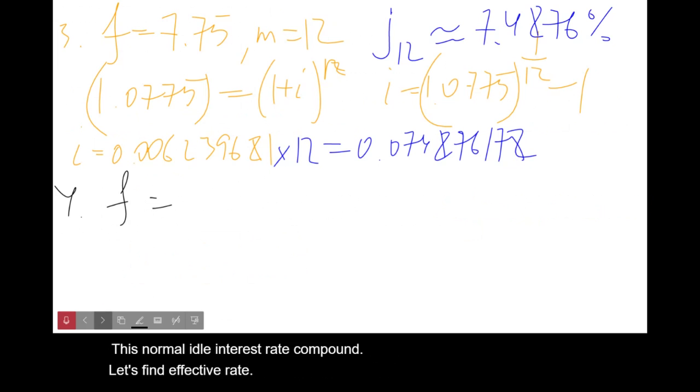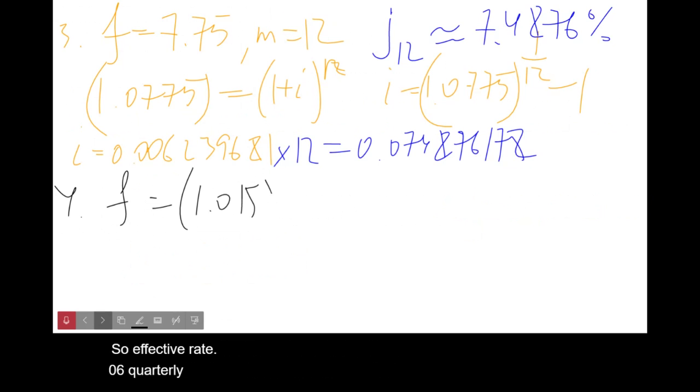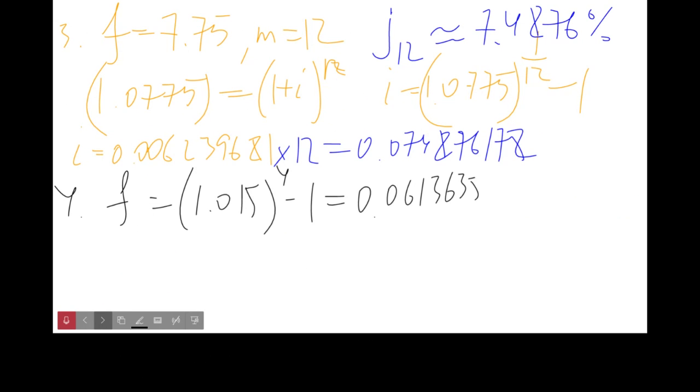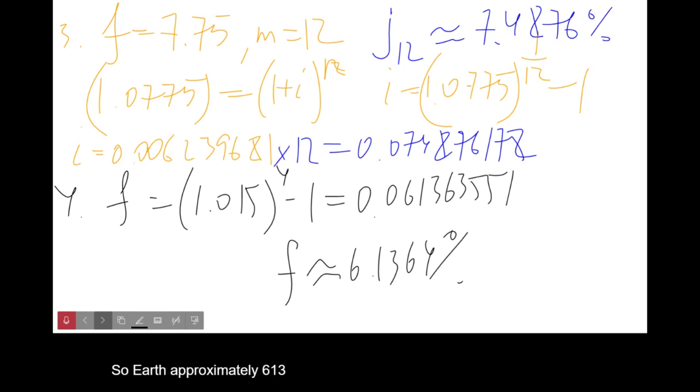So effective rate, 0.06 quarterly, right? So f is approximately 6.1364%.